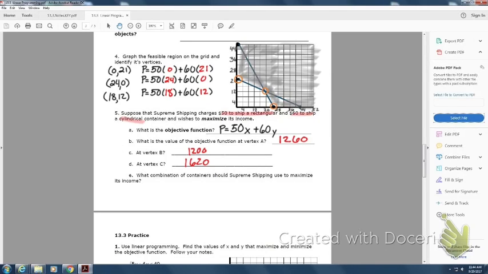Okay. So, to answer E, it says what combination of containers would they use? Ms. Williams, what combination should they use to maximize their profit? C. Okay. So I put that as my answer, and I'll get it right.